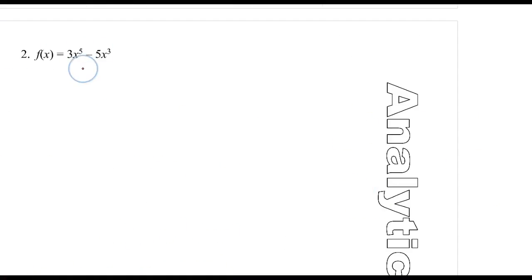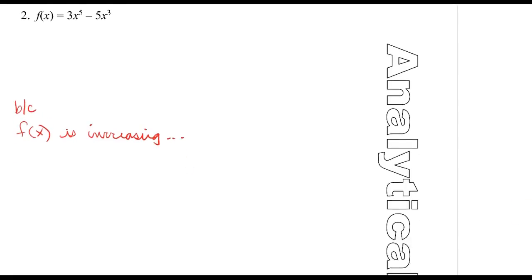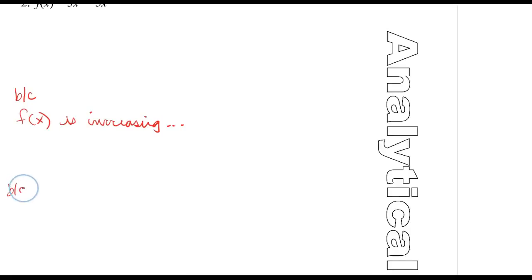Okay, this is our next function, and the same instructions still apply. We want to find where my function is increasing, and our justification. We want to find where our function is decreasing.